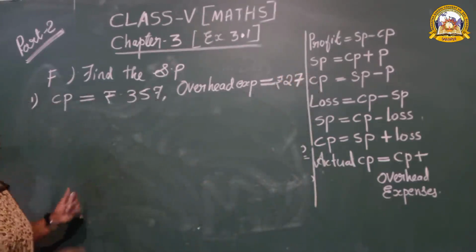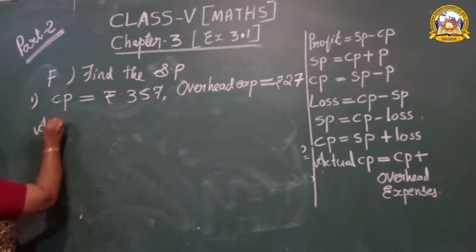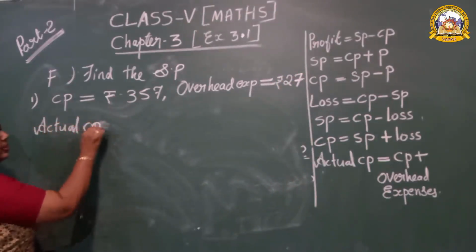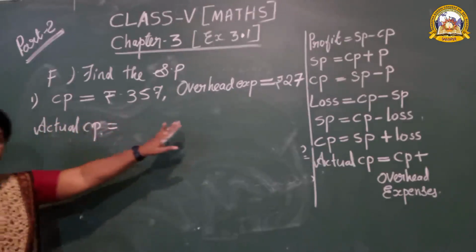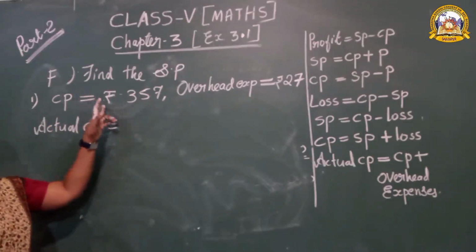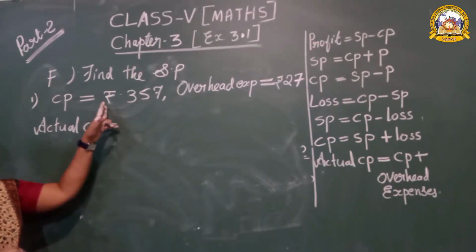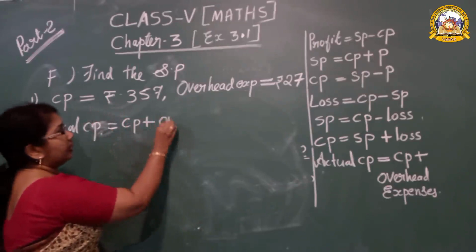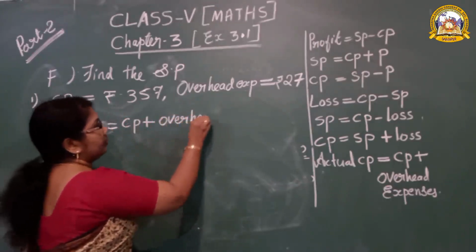Now what we have to find out? We have to find out actual CP. Whenever there is overhead expenses, we have to add it to cost price. So CP plus overhead expenses.